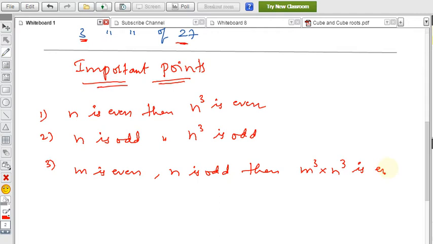Because, for example, 2 is an even number, 3 is an odd number, 2 into 3 is 6, so surely you'll get an even number. Because m is even, m cube is even. Then n is odd, n cube is odd, so even into odd is again even. That's why m cube into n cube is an even number.